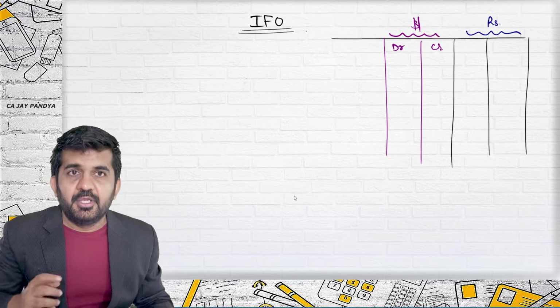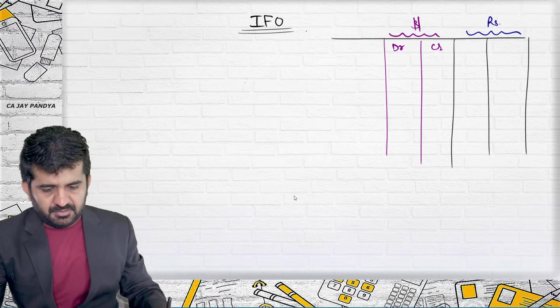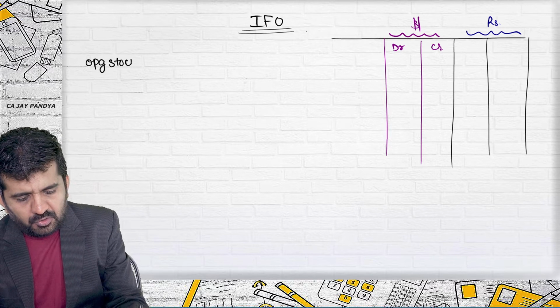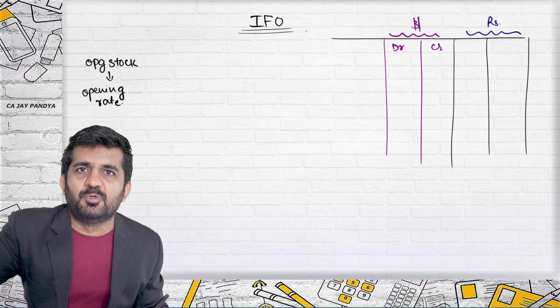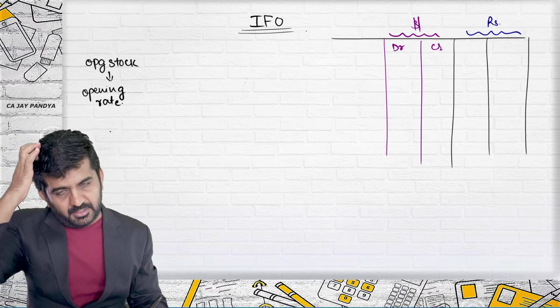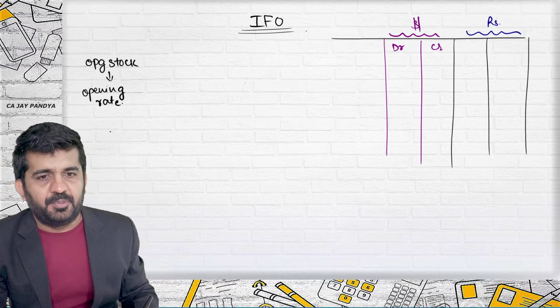Try to concentrate. If it is integral foreign operations, opening stock will use the opening rate, because last year it was closing stock, a monetary item, so it was recorded at closing rate last year, and this current year it will be opening rate.